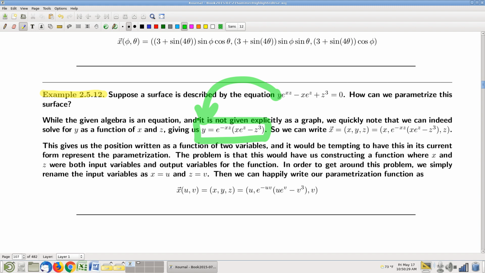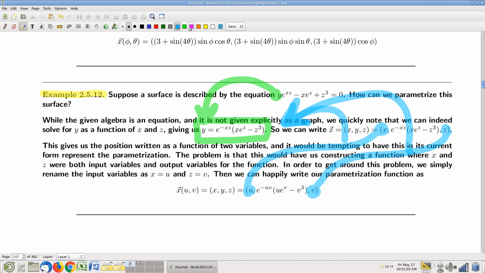Solve for y. Once you have solved for one of the variables in terms of the others, then there you go. Our trick is to let the easy variables be the parameters. So let x and z be u and v, and then y. Let's see here, the x and z that I just decided on.